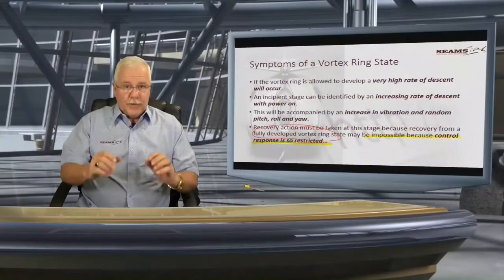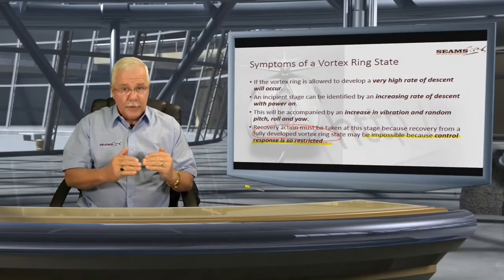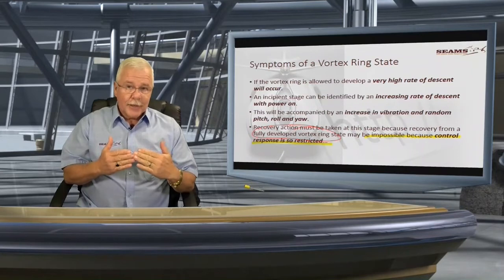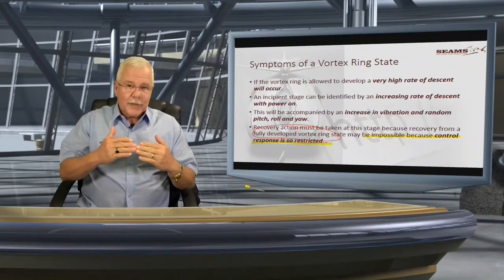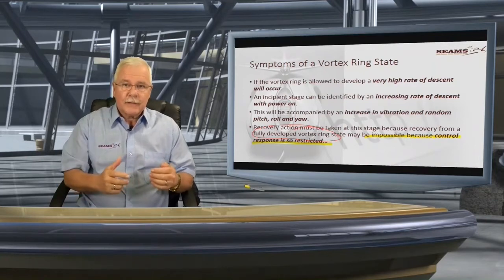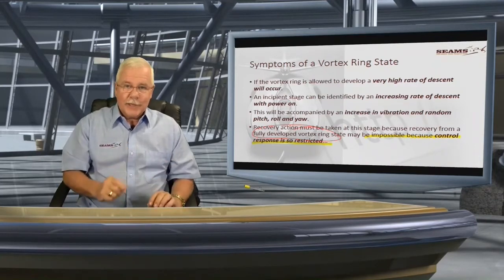So remember, at the end of the section we're saying that it is important to recognize the symptoms early on, and when we have symptoms that are vaguely in this area, apply the recovery, and we'll get to that.